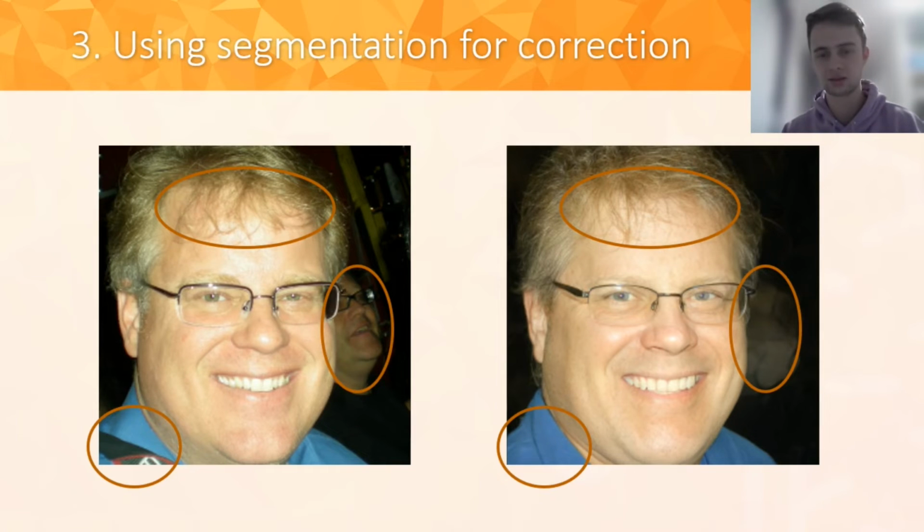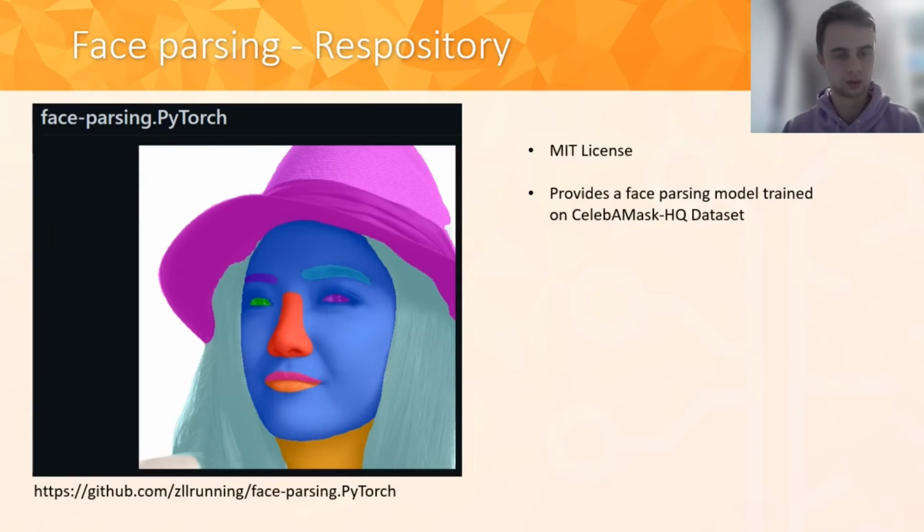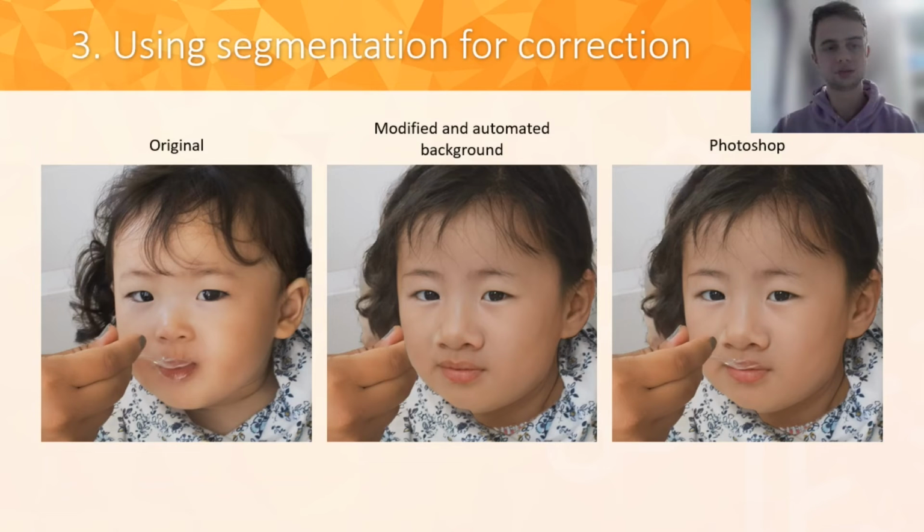We did this by using segmentation algorithms. By using the face parsing repository, which is MIT licensed and available on the internet, we basically isolate the missing part we want to put back on the images. So here, for example, we want to put back the background, which we did.